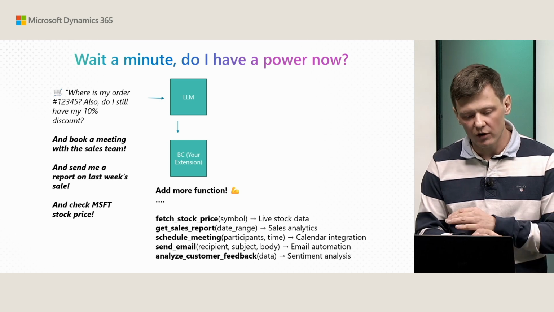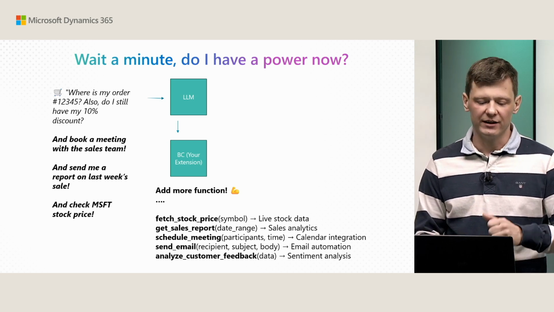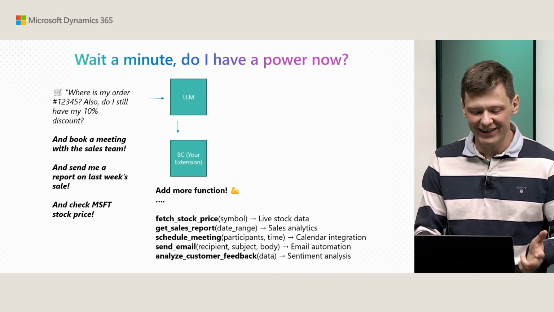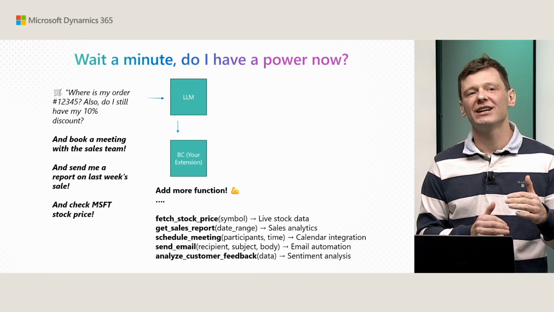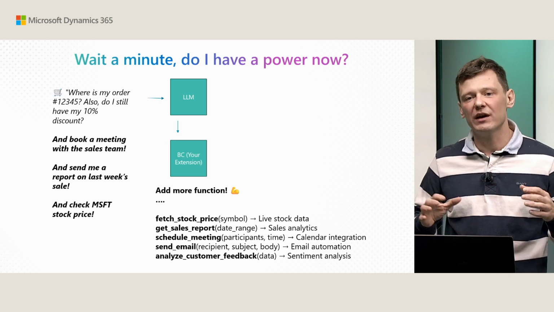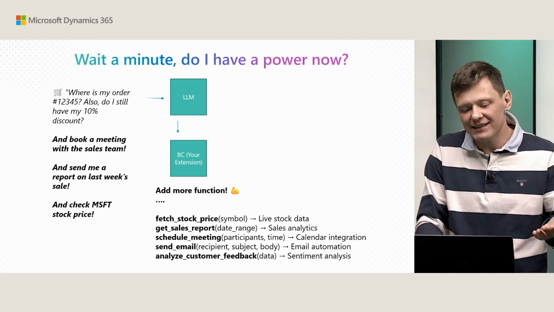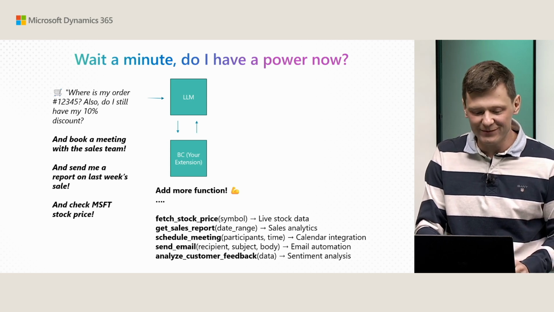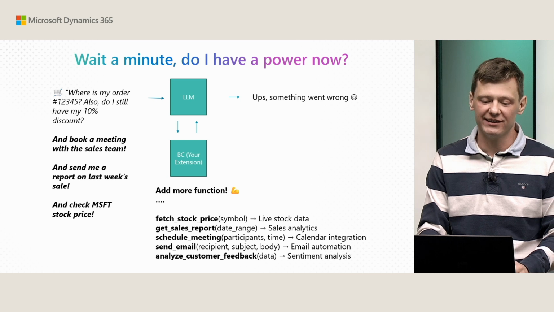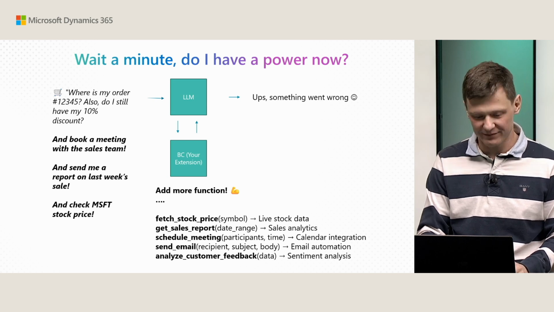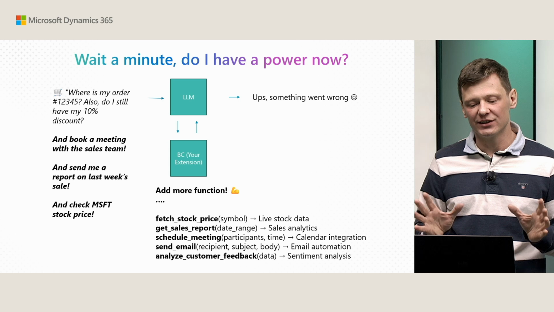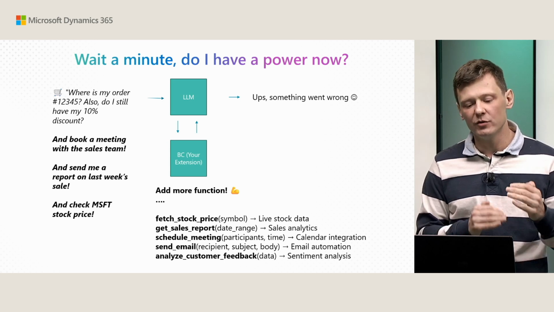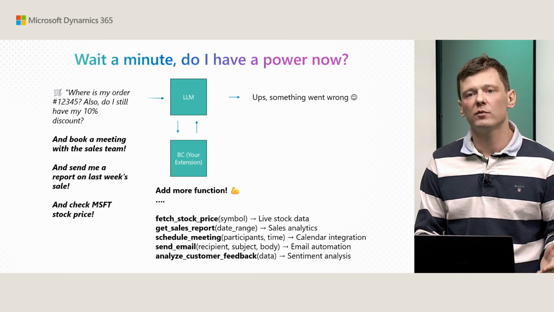Functions which can do all things in the world, get a report, schedule meetings, analyze customer sentiment, and basically define as many action tools as I want to describe my extension, and then just ask the LLM to deal with all of that. And the truth is, at this point, it'll basically stop working. The concept is great and it worked great, but at some point, if you have too much, it will just stop working reliably.